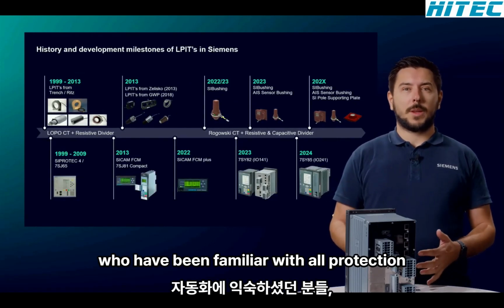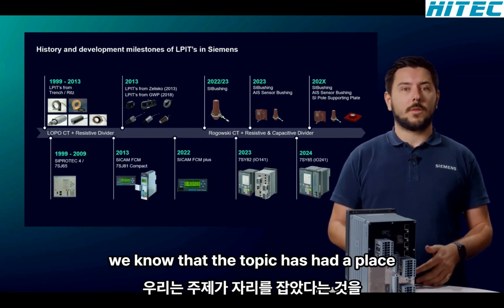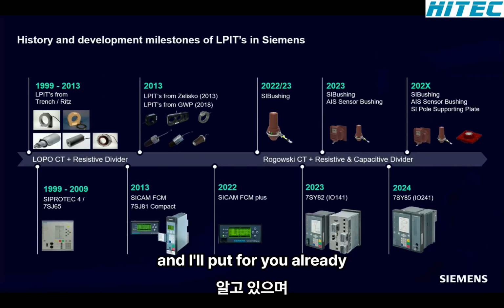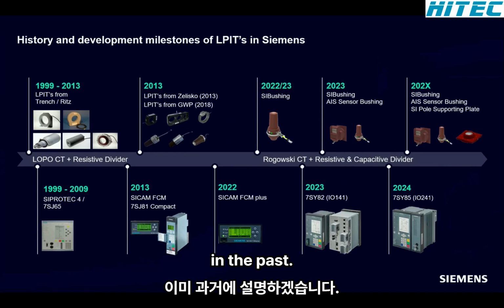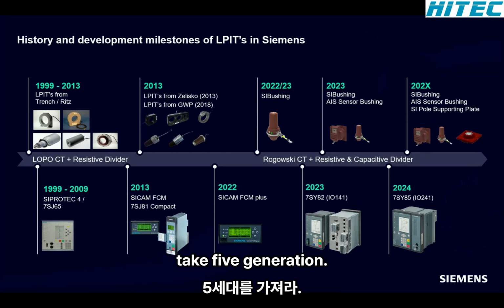Those of you who have been familiar with our protection and automation portfolio for some time will know that the topic has had a place in our portfolio already in the past. The first developments even began in the previous SIPROTEC generation.